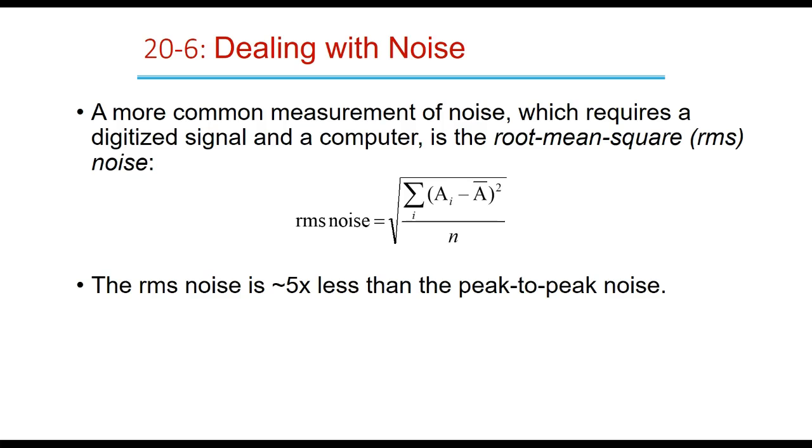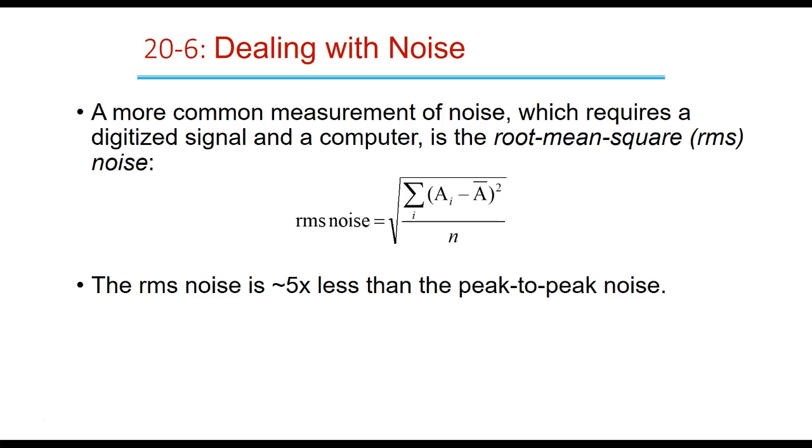Now, here's another way that we can deal with noise, or a more common measurement of noise, as Harris talks about, which requires a digitized signal and a computer. We use an equation called root mean square noise.